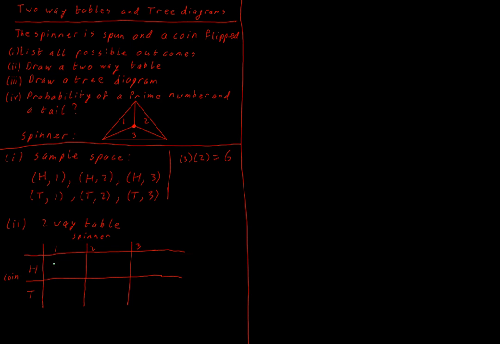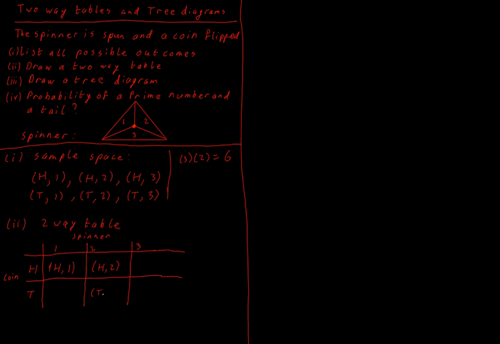Now, the way that this table works is that if I get a head on the coin and a 1 on the spinner, I'd end up in this box here. So I get a head on the coin and a 1 on the spinner. A head on the coin, a 2 on the spinner. Switching around a little bit, a tail on the coin and a 2 on the spinner.